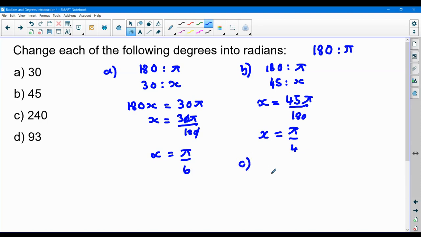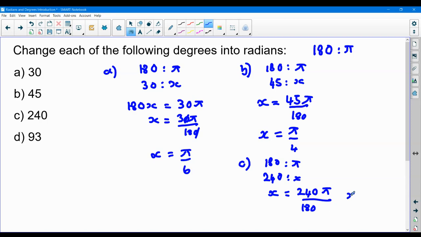C, the same idea. We start off with our 180 and pi, and then we take 240 here and our x here. So we end up with x equals 240 pi divided by 180.